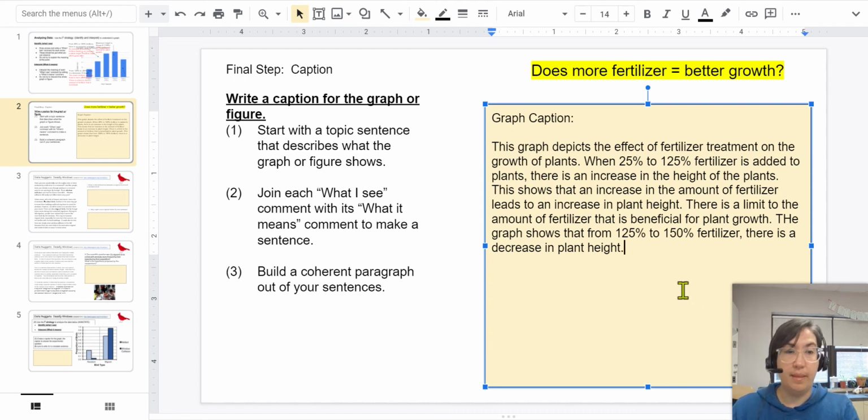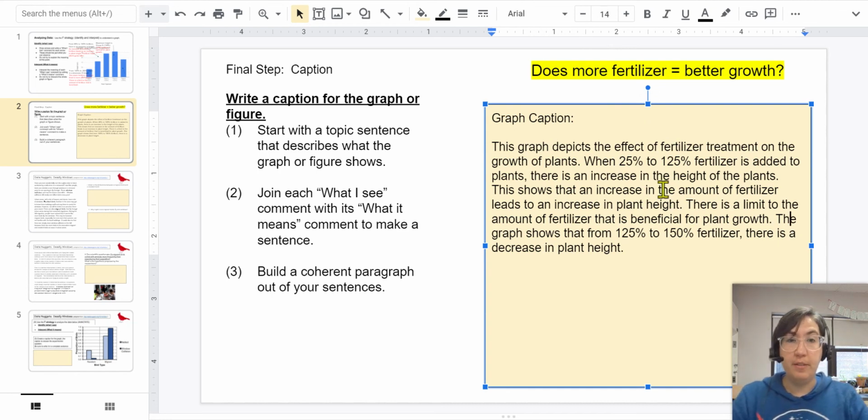All right, there's our caption. It's a nice conclusion, right? And let's see, oops, I got a typo. Let's see if that answers our question. That's really important. So, does more fertilizer equal better growth?